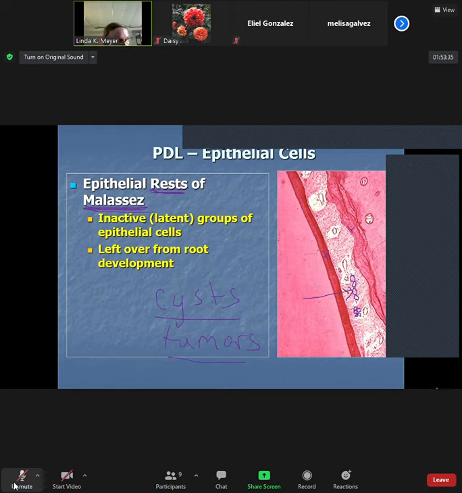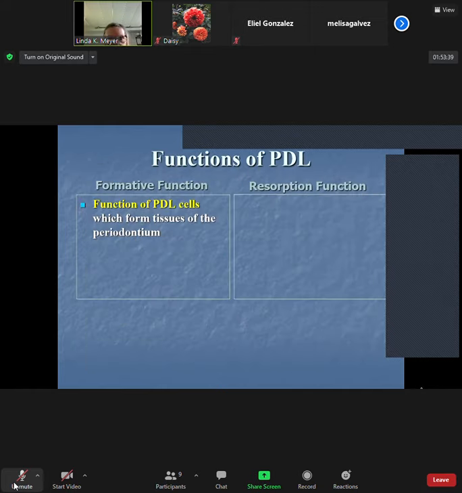Okay, on page 8, there's a formative function. If we go down to B and C where it says formative and resorptive function, the PDL has these functions because of the cells it contains. It has a formative function, and it has a resorptive or a destructive function because of the cells that it contains.